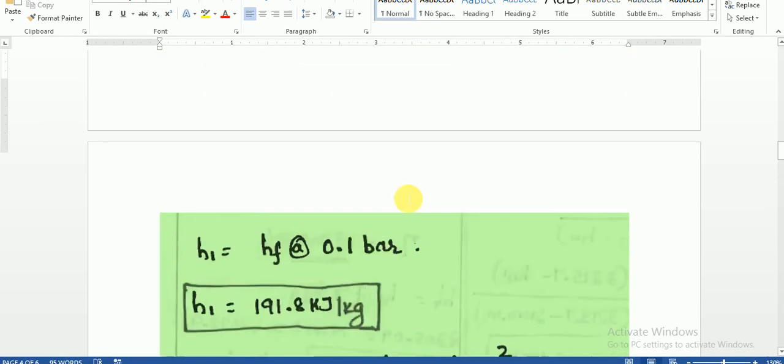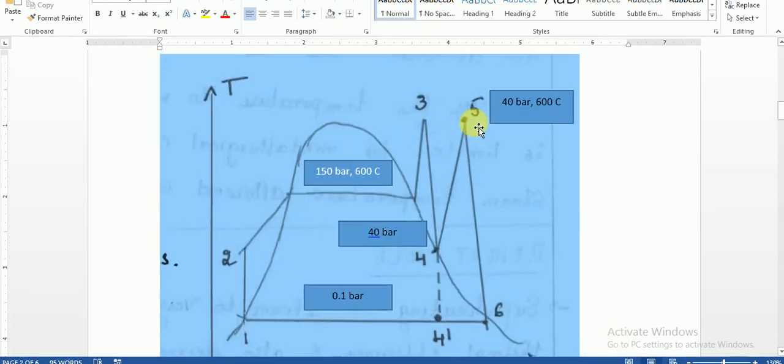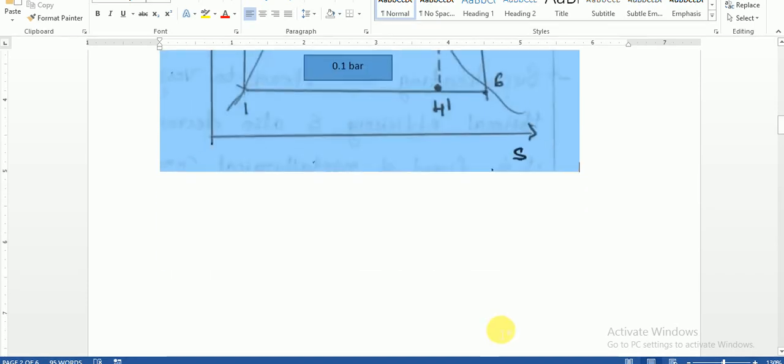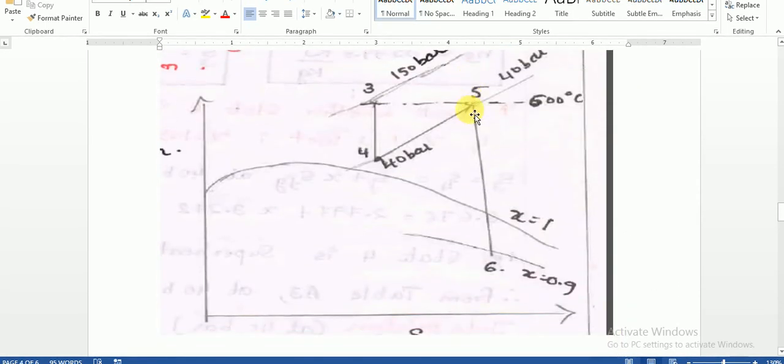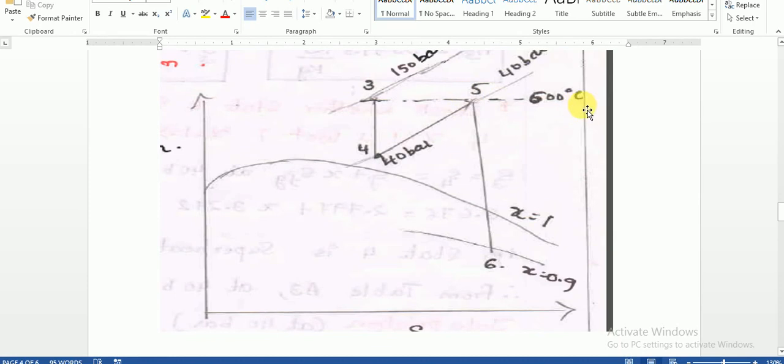Next, what is the next process? From H5, in the low pressure turbine, the steam expands from 40 bar down to H6, which is at 0.1 bar. The expansion takes place from 40 bar to 0.1 bar pressure. So you note down the value of H5, then the value of H6.